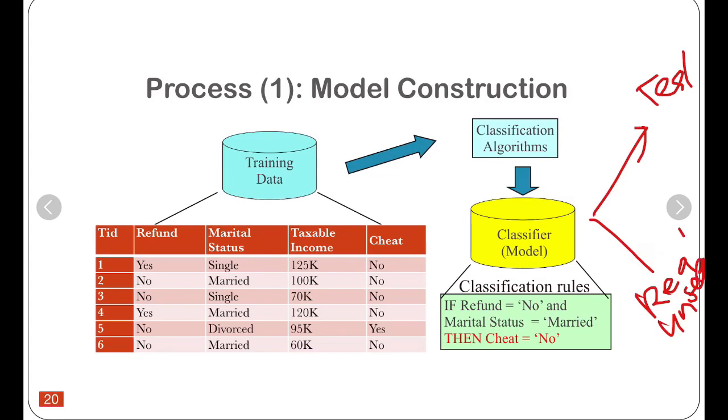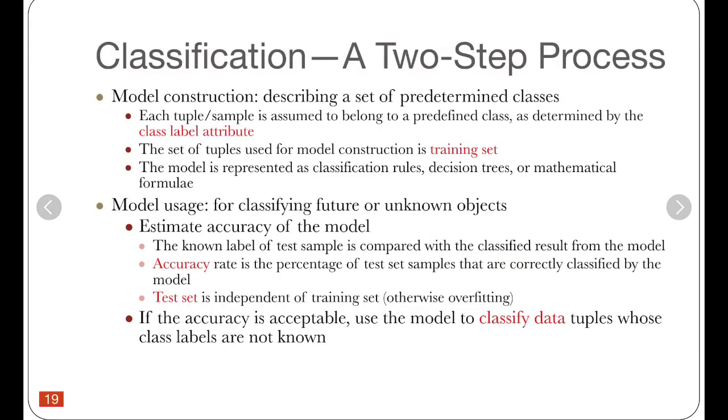Now, from here, we will take a look at the second step of the classification process, that is model usage, whereby the model is used for classifying future or unknown objects.